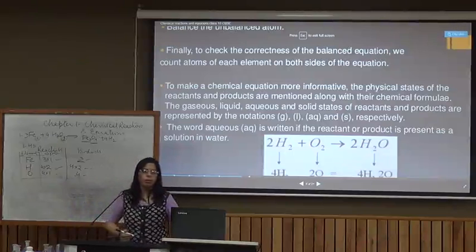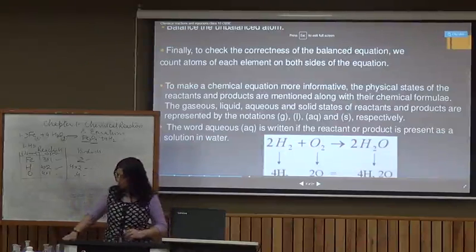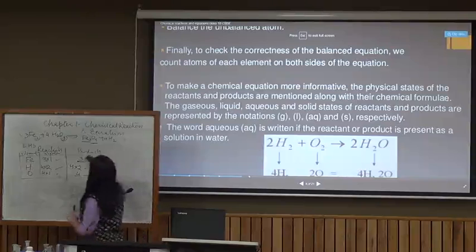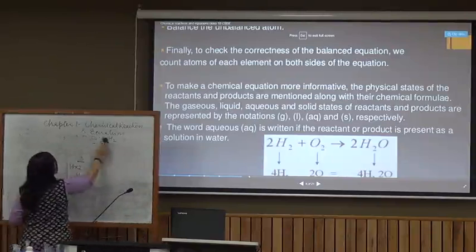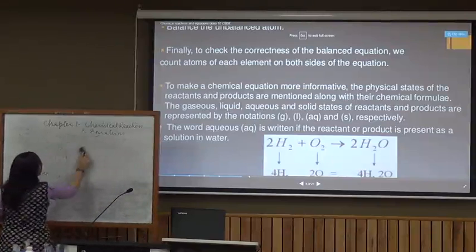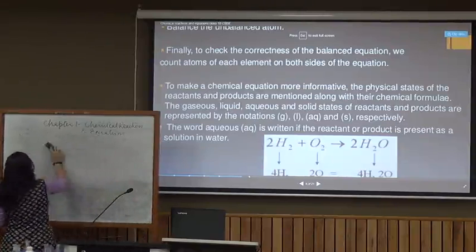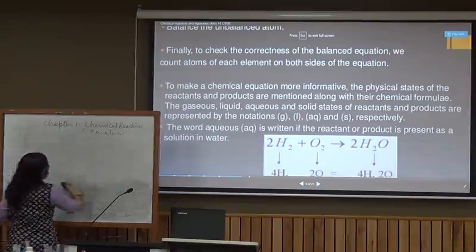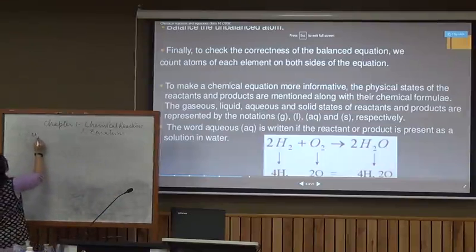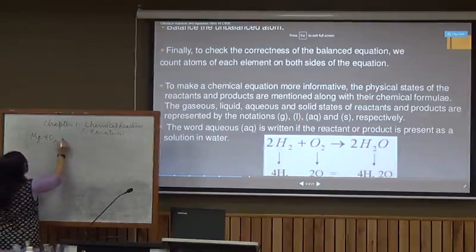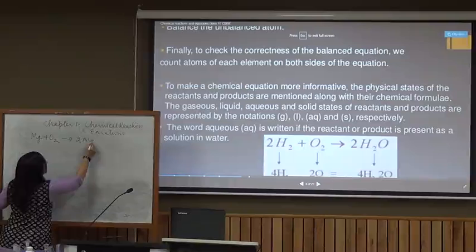Now we are going to look at the types of chemical reactions. So we go back to the same reactions that we had performed a while ago. I'll again list the equations that I had written for those reactions. We burnt magnesium ribbon in air to obtain magnesium oxide.